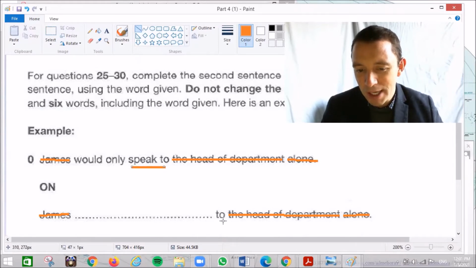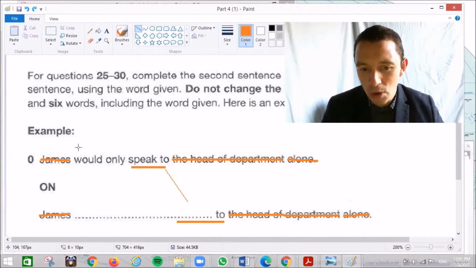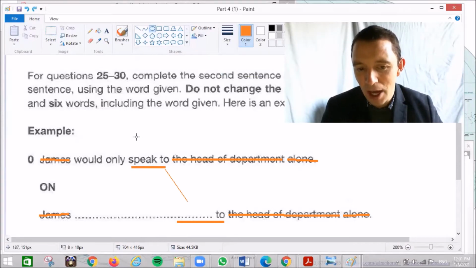So here we have speak, maybe that's a little clue. So probably we need to include speak here, possibly, because the preposition is associated with speak, and would only speak to.